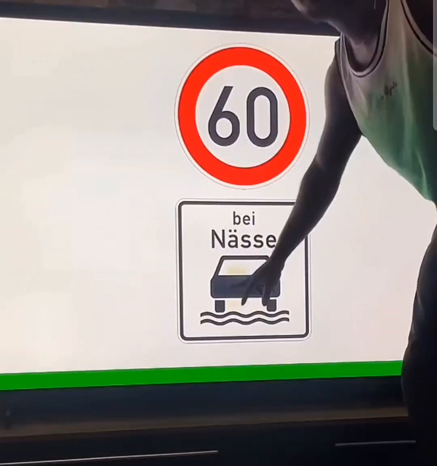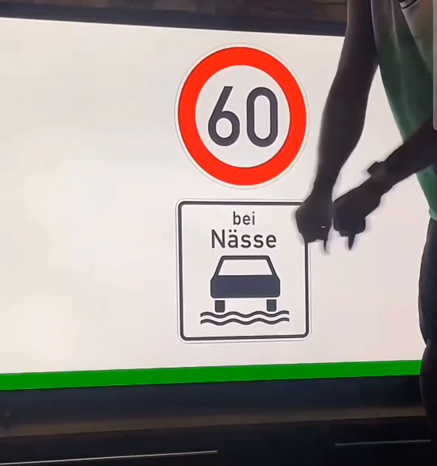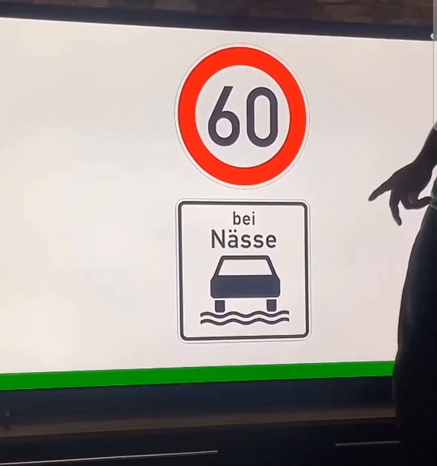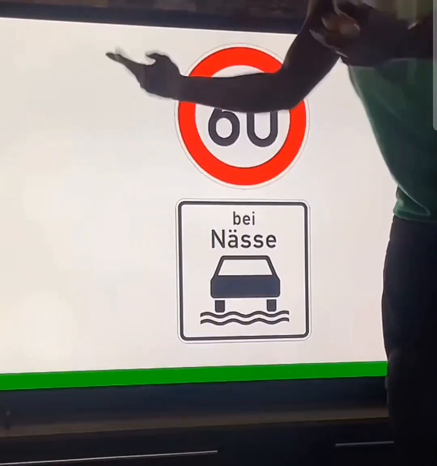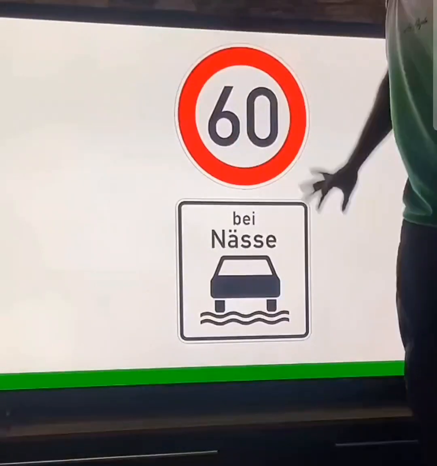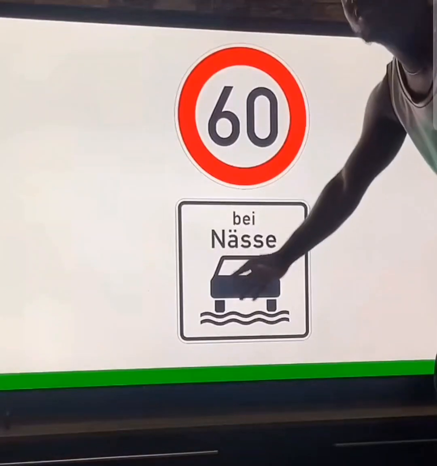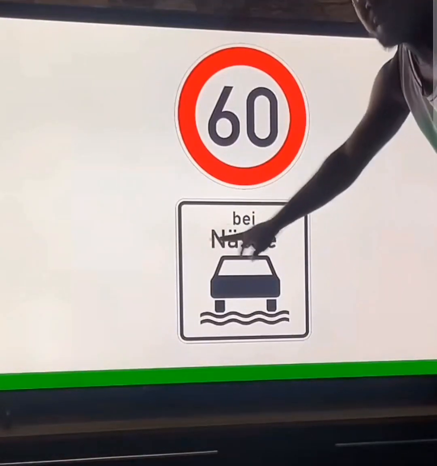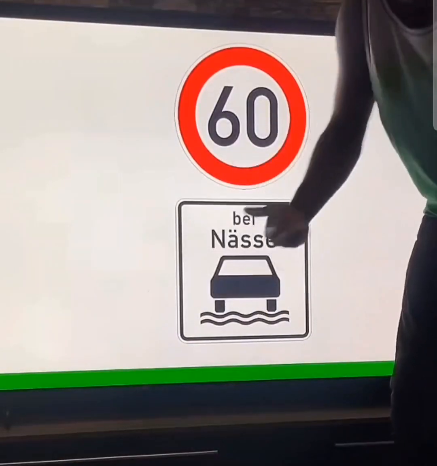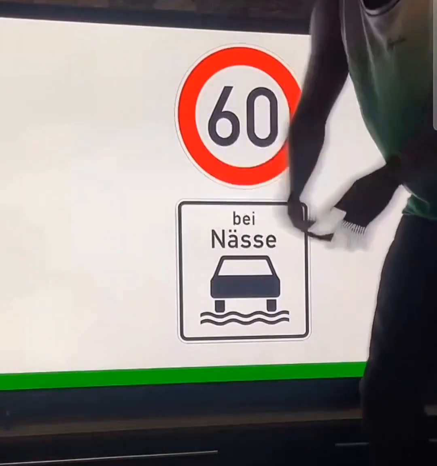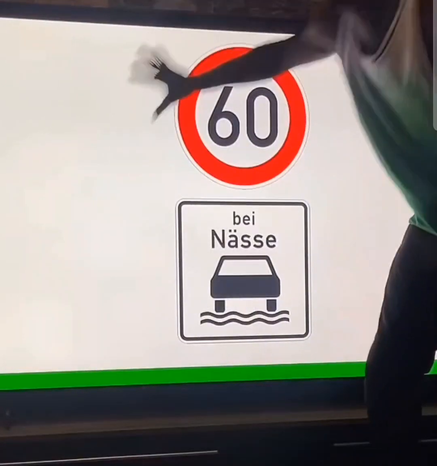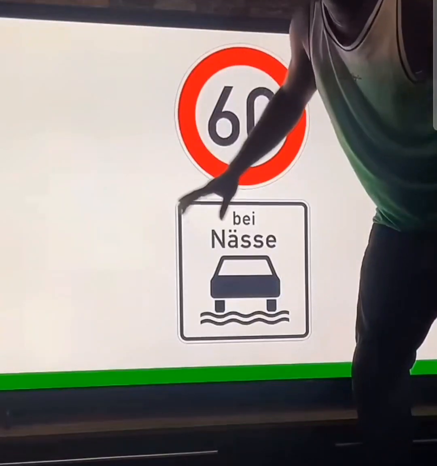Anytime you see two signs working together, that means they are working together hand in hand. You cannot drive at 60 where? When the road is wet. Bei Nässe. Nass, when something is nass in German, it means something is wet, slippery, right? So when it is wet, you cannot drive more than 60.